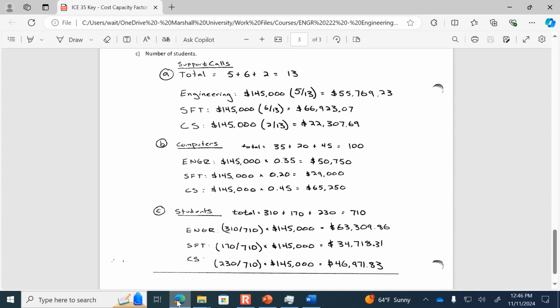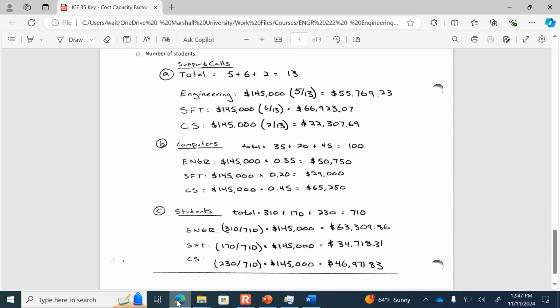So which of these methods do you think the computer science department would prefer? Support calls, because they want to minimize how much they have to pay. They'd say, well, we're only generating 2 support calls per week, so therefore we should only have to contribute $22,000 per year.